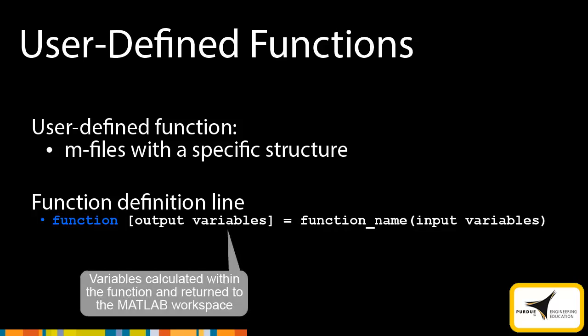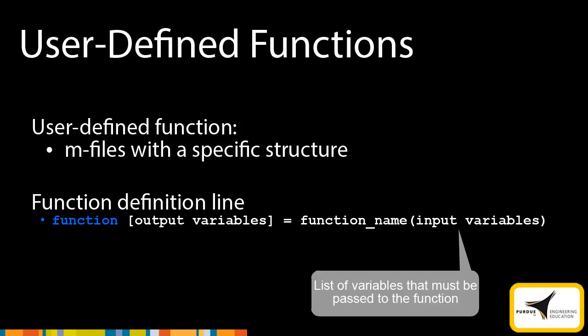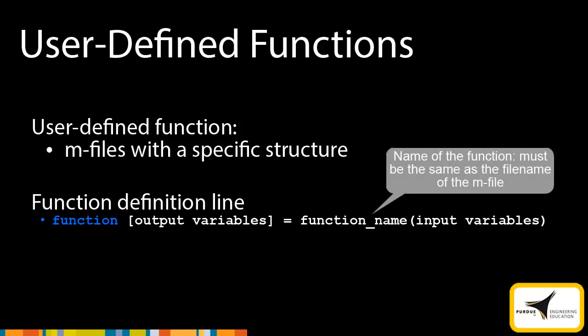Output variables is a comma-separated list of variables calculated within the function and returned to the MATLAB workspace. Input variables is a comma-separated list of variables that must be passed to the function. Function name is the name of the function. This name must be the same as the file name you use to save the M file.